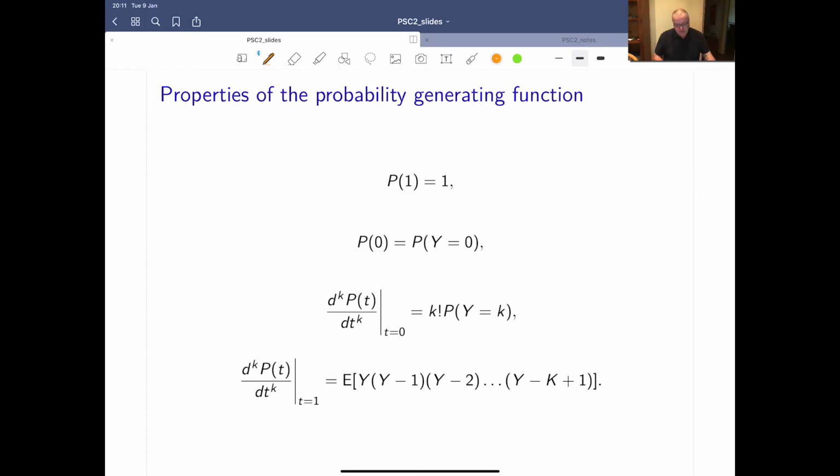Let's just check the first two, to make sure we see where these come from. First of all, let's look at P of 1. What is that? That's the expected value of 1 to the y, which in the general case would be the sum y equals 0 to infinity of 1 to the y times the probability y equals y.